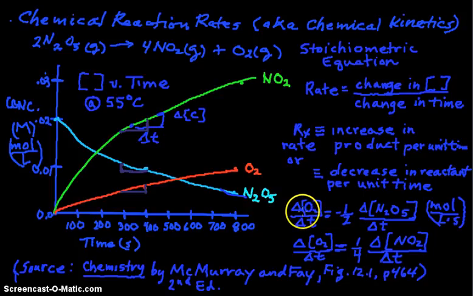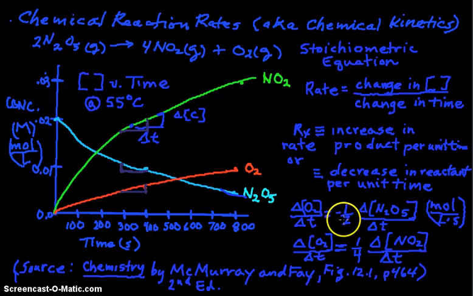And then from the stoichiometric equations, we had two dinitrogen pentoxide molecules decomposing while only one oxygen was being formed.